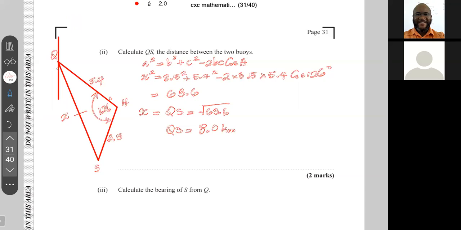So that's my north, south, east, west line. I'm taking the bearing from Q because it's the bearing of S from Q. Now, bearing is measured clockwise starting from north. So this is the angle I need.